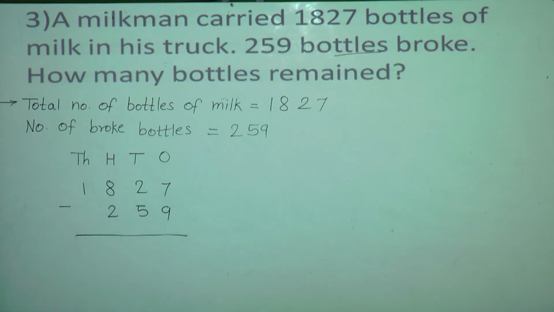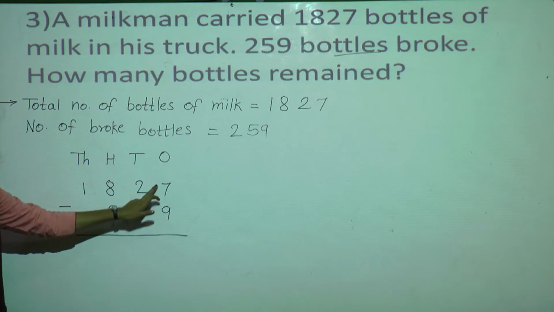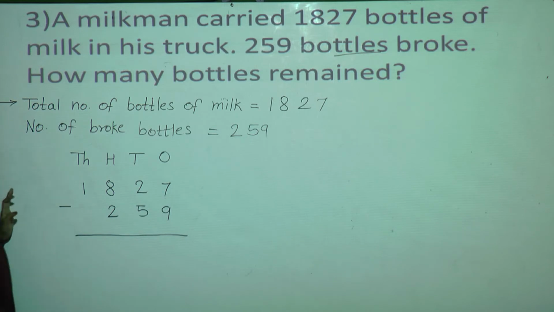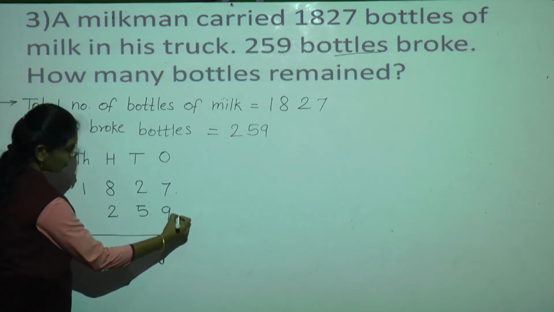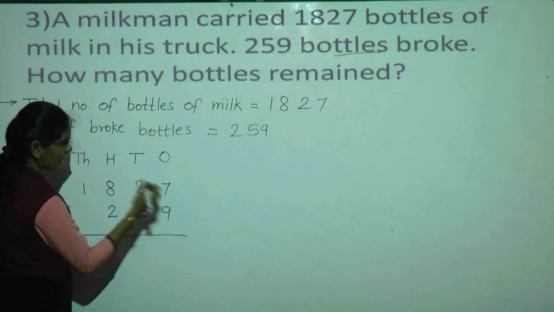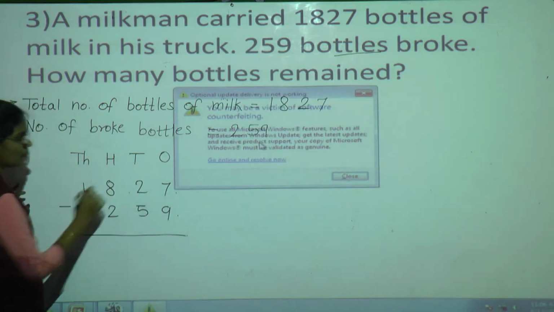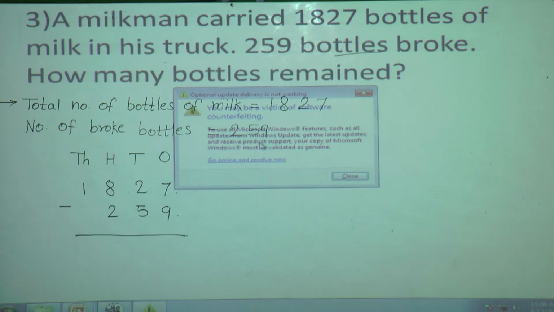See, at ones place there is 7 and here 9 is there. 7 minus 9. Can we do 7 minus 9? No, we can't do 7 minus 9. Why can't we do? Because 7 is smaller than 9. So here we can't do the subtraction. Then what will we do? Yes, we will move to the neighbor. Now who is the neighbor of ones? Tens is the neighbor of ones.